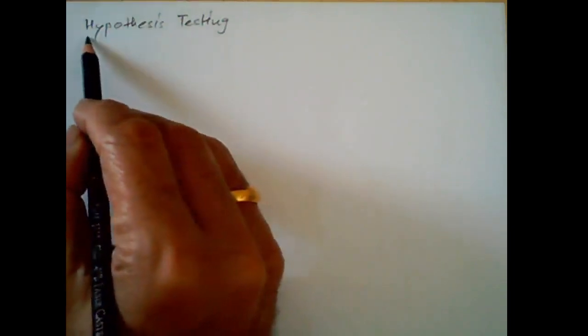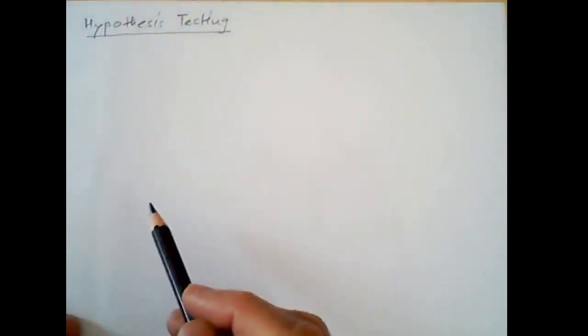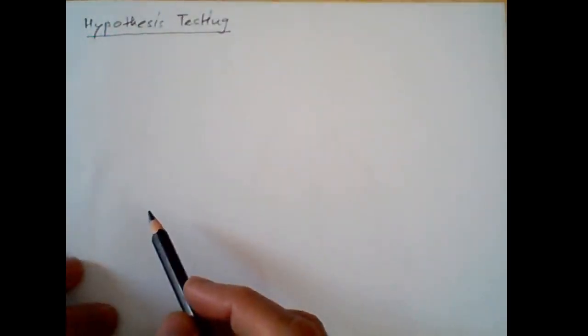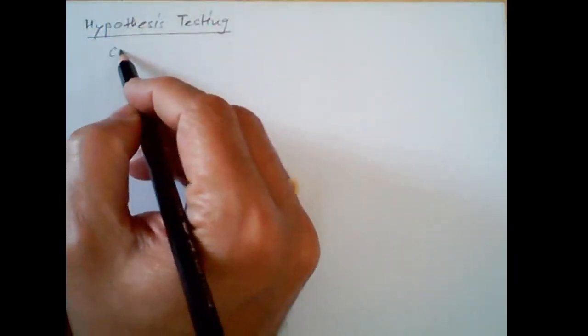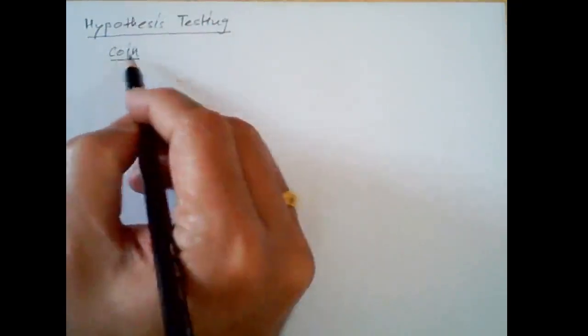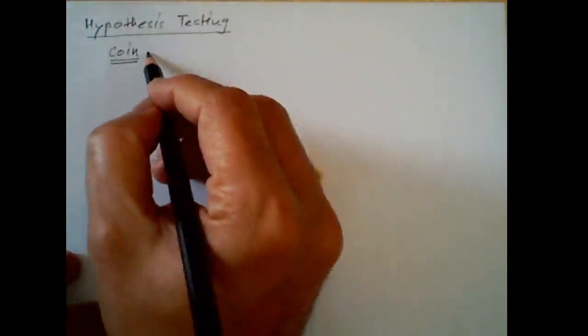So let's consider a situation where a person has a coin in his pocket. He takes out that coin and flips it 6 times.